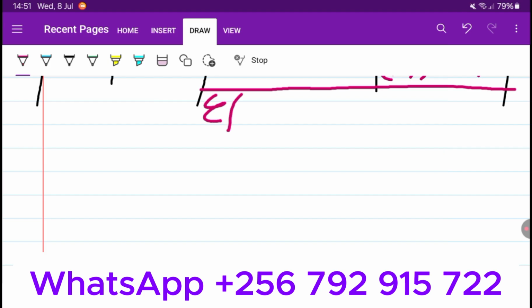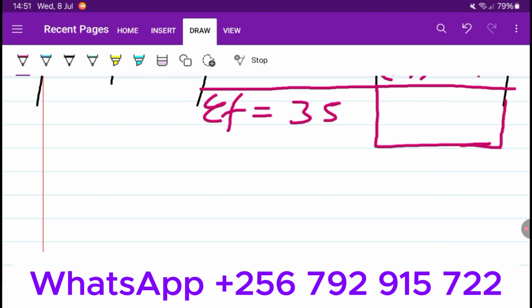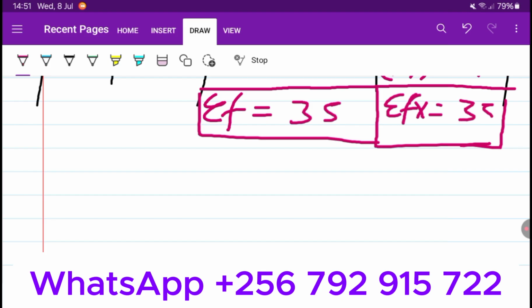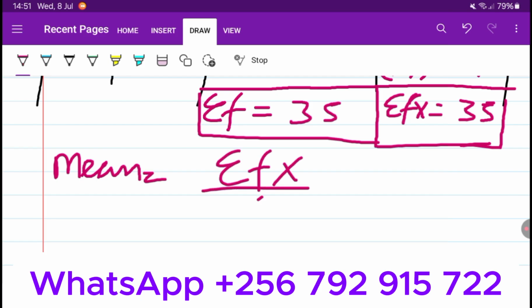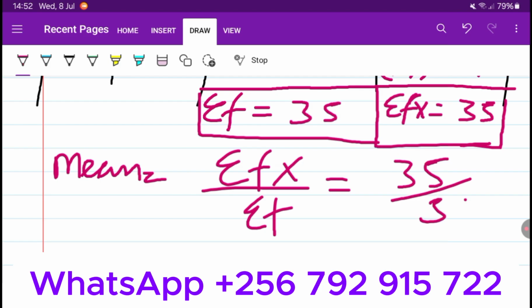So we have the summation f, which is 35, and the summation fx, which is also 35. So we get our mean, which is summation fx over summation f, and this is 35 over 35.